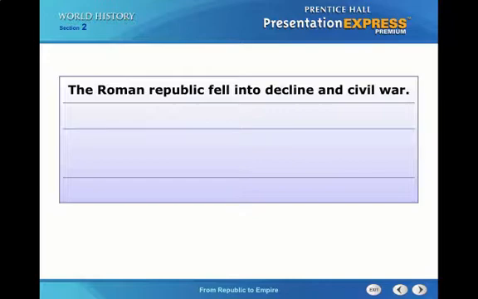From this, all it's going to take is a dynamic leader to take advantage of the situation and gain control. And you see this argument over who should really rule Rome. Should it be the Senate, or should it be some of these very popular leaders and generals?